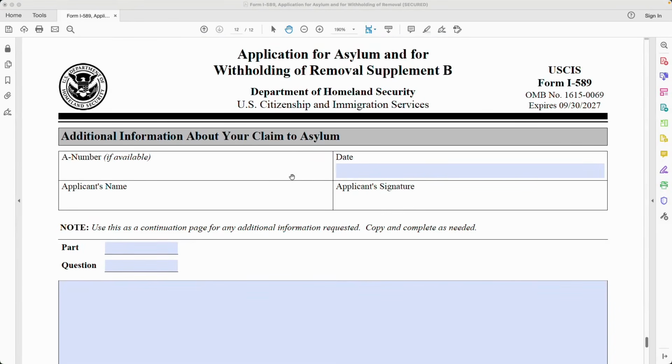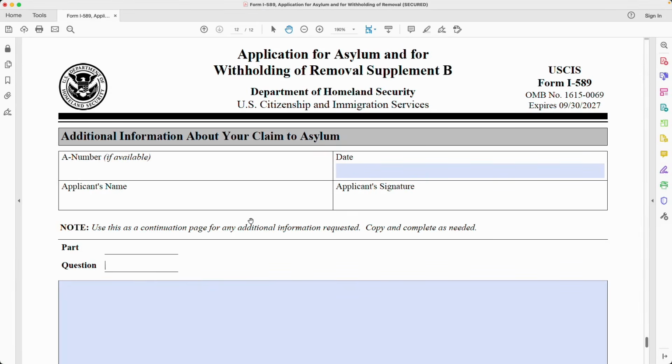Supplement B here is for any additional information that did not fit into the space provided for any other previous answer on the form. Make sure to specify what part and question you are including additional information for.